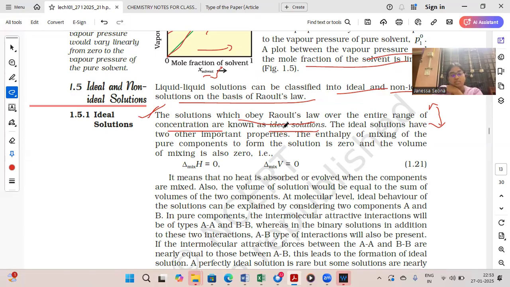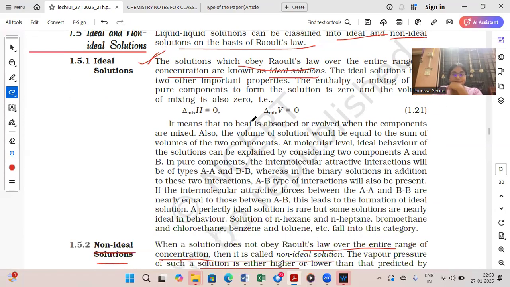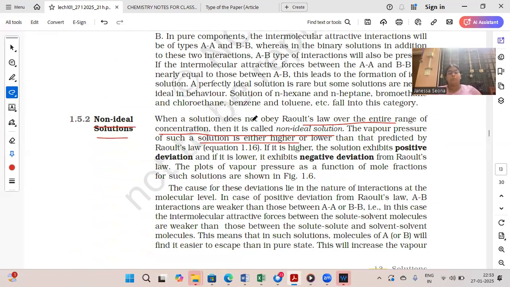The solutions which obey Raoult's law over the entire range of concentration are known as ideal solutions. Ideal solutions have two other important properties. The enthalpy of mixing of the pure components to form the solution is 0 and the volume of mixing is 0.